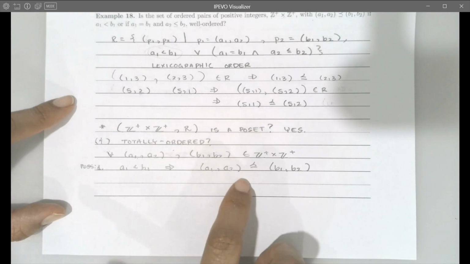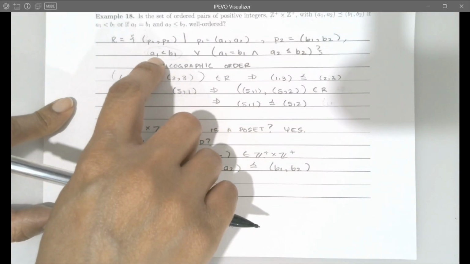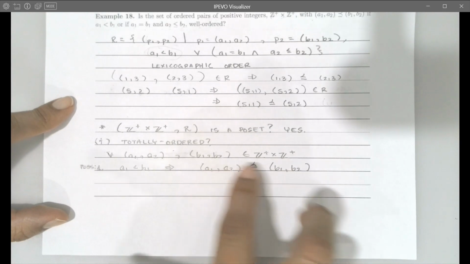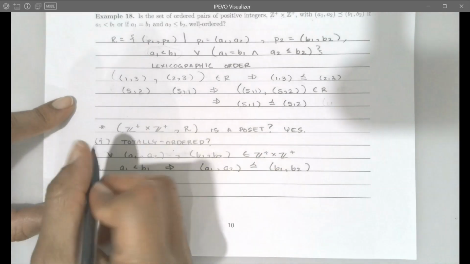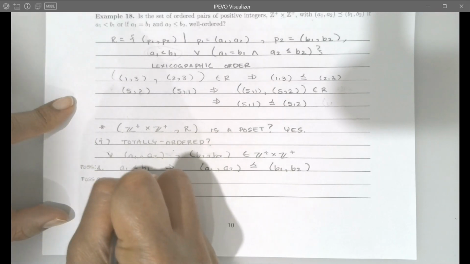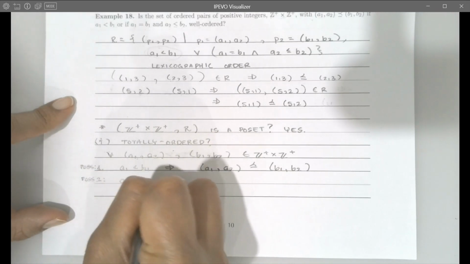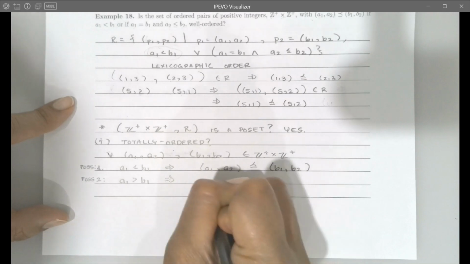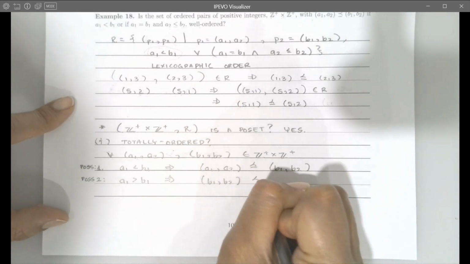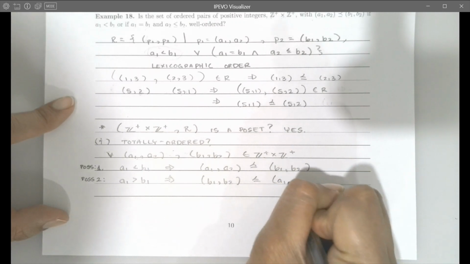Because by definition of R, it's going to satisfy this condition. So we'll have this order. The second possibility is that A1 is greater than B1, in which case B1, comma B2 will precede A1, comma A2.